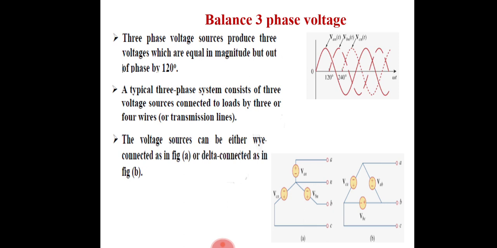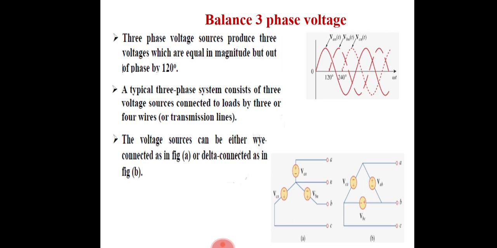Now, a three-phase voltage source produces three voltages which are equal in magnitude but out of phase by 120 degrees. In the previous lecture we studied about the three-phase balanced system. So here we take sources which have the same magnitude, so it's called a balanced source, and its phase difference with each other is also the same.